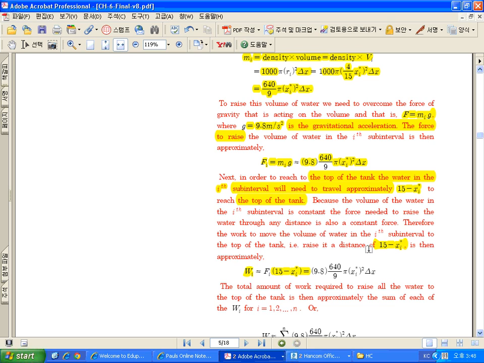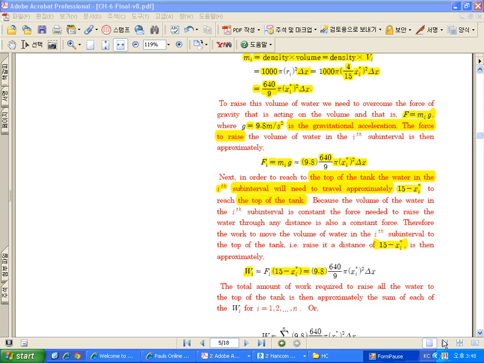This is d. So Wi is Fi times d, which is 9.8 times 640 over 9 times pi times xi squared times delta x, times 15 minus xi star.